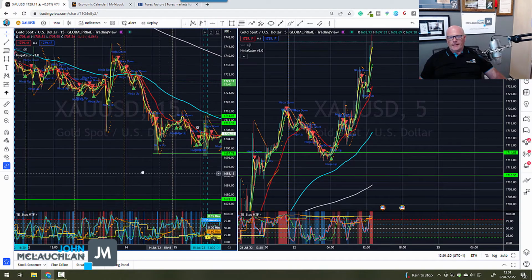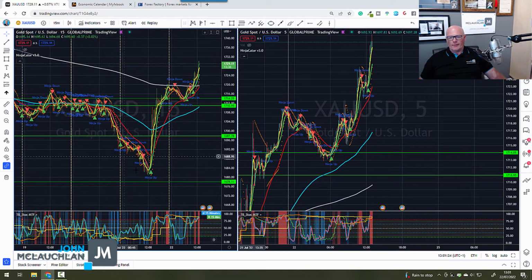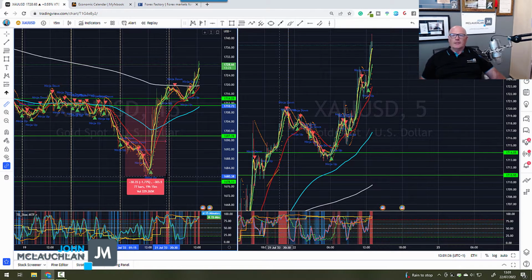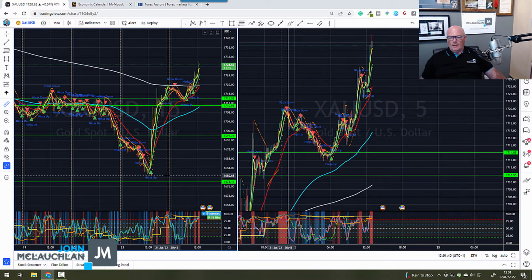Big pushes to the downside, kind of sideways, big push down and a big push up. This was yesterday. This move alone from here down to there, about 300 pips. Yes, we'll call it 300. And then the move back up from this low. I mean, this is like 1678 an ounce.